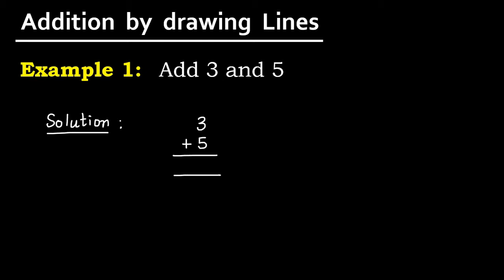After writing the given numbers one below the other, let us draw lines according to the given numbers. The first number is 3. So now let me draw 3 lines here.